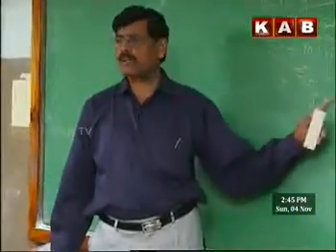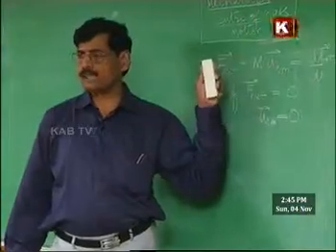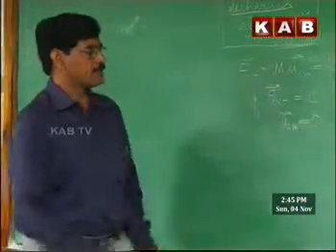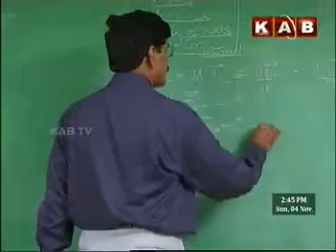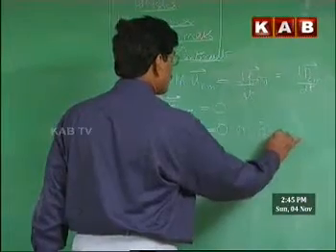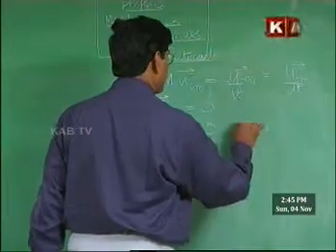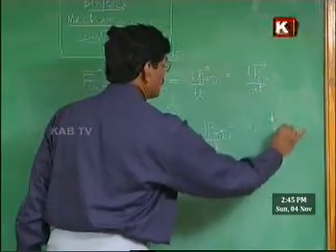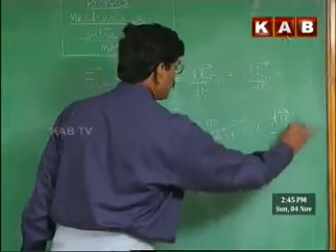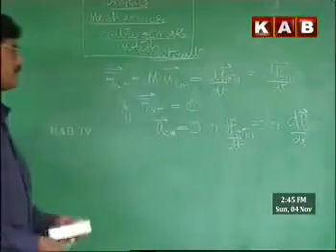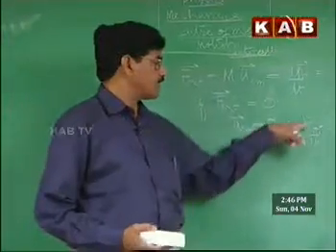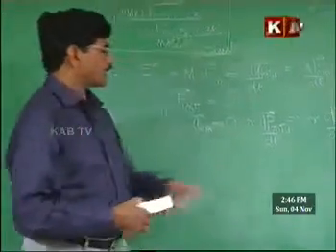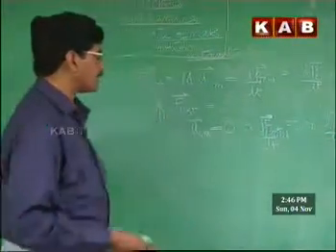Center of mass will not be accelerated in the absence of net external force, in spite of internal forces which are acting. ACM is 0, or dP total by dt is 0, or dP cm by dt is 0. When net external force is 0, acceleration of center of mass is 0, rate of change of total linear momentum of the system of particles is 0, or rate of change of linear momentum of center of mass is 0.